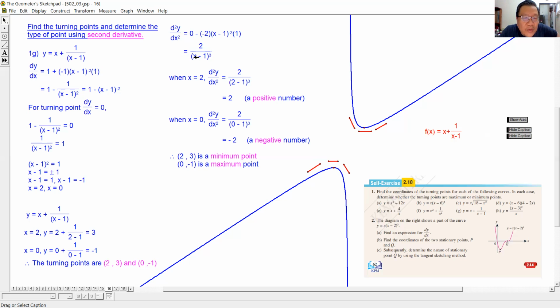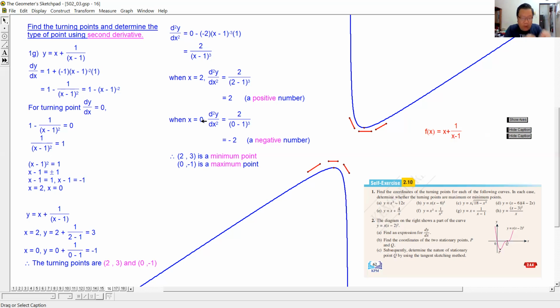This 2 you put inside the d2y dx square, and it becomes a positive number. Then I take 0, the turning point, I use 0 directly. You don't have to substitute two times. You don't have to choose a value smaller than x and a value bigger than x.